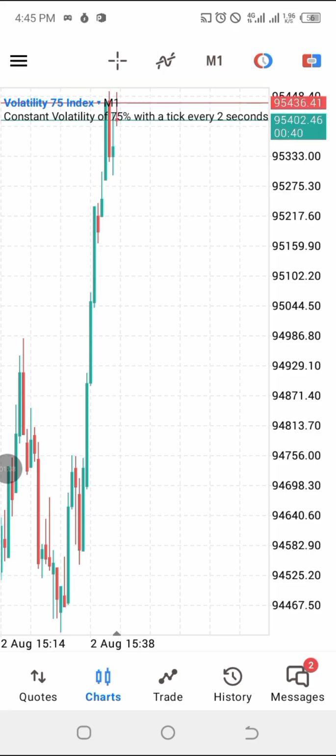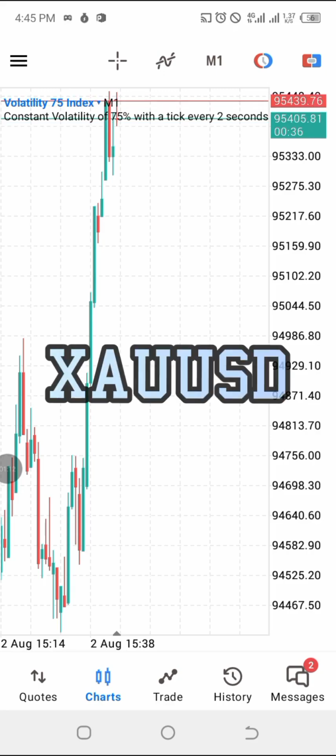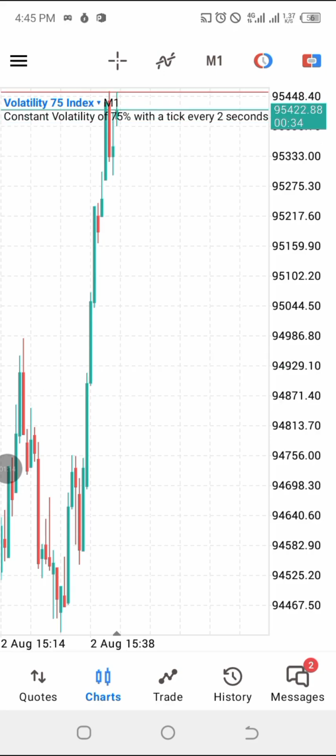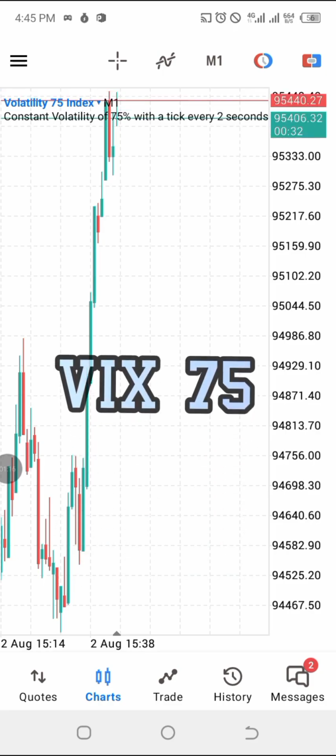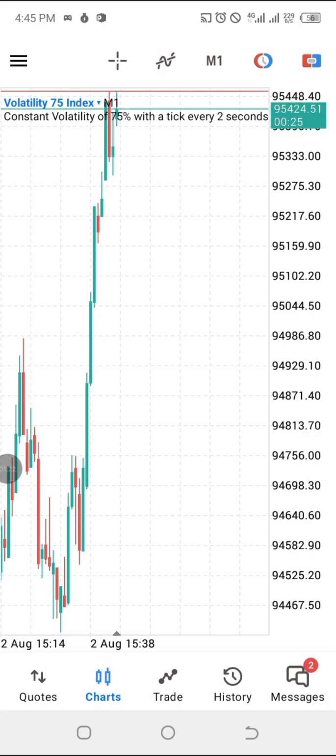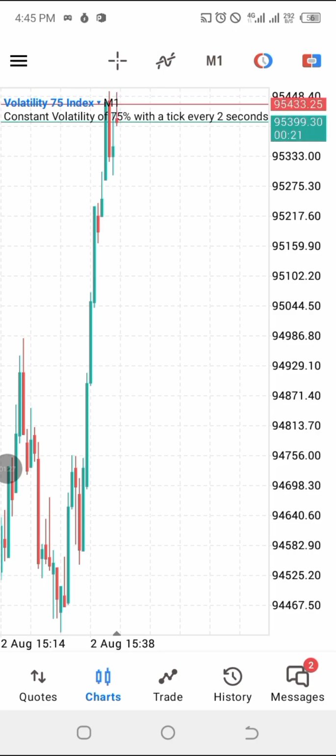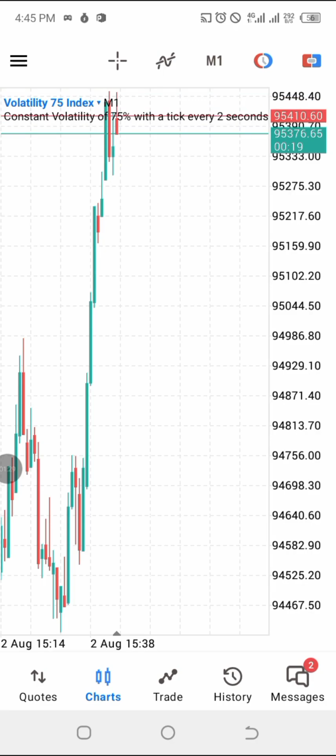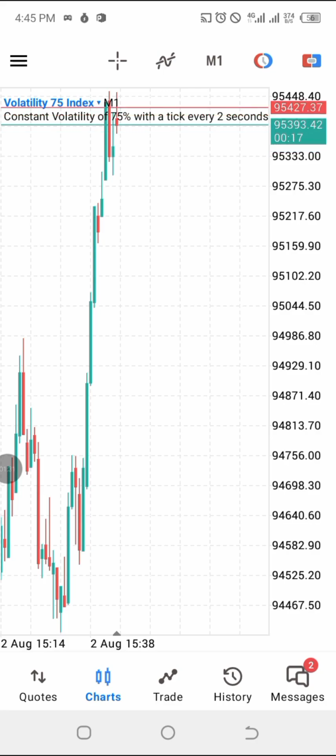So for currency pairs and commodity, I trade only gold USD, while for synthetics, I trade VIX 75. The more you focus on a particular asset or commodity, the more you gain mastery and insight on it. So let's proceed. How do I calculate stop loss and take profits on VIX 75?